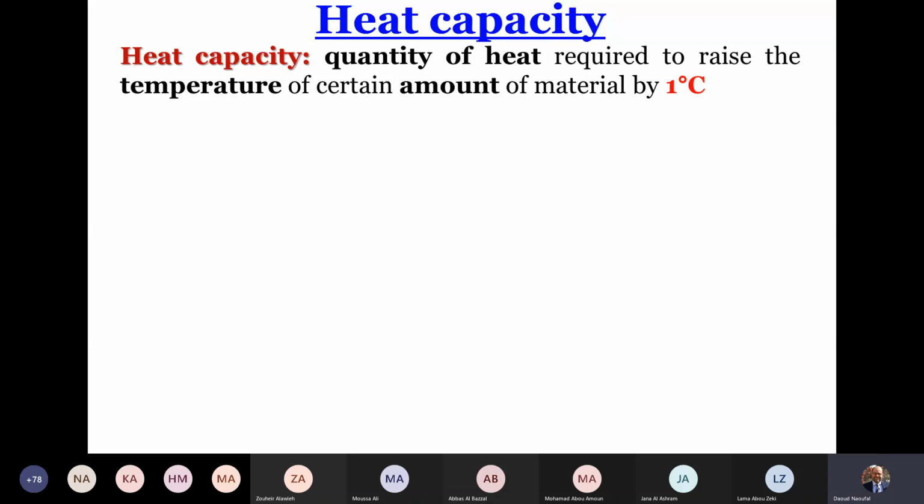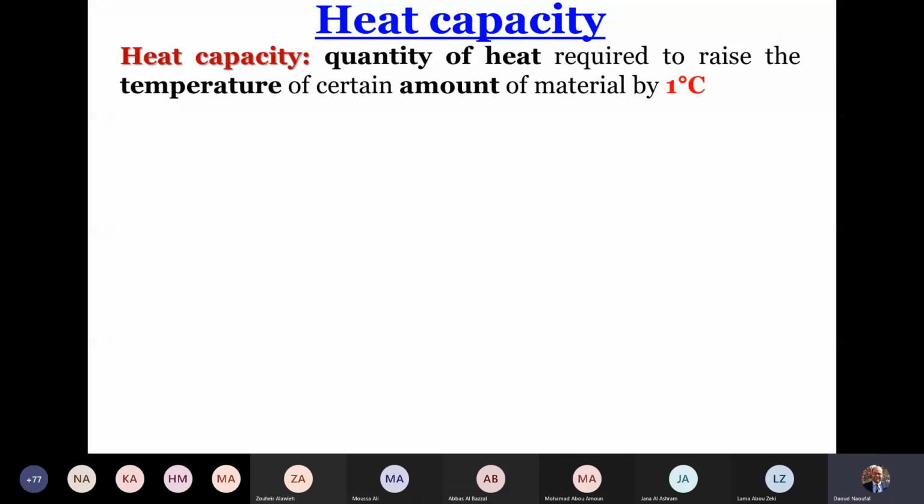So the temperature of this material increased by 1 degree. Now I ask, what is the quantity of energy that is released from the heater to the metal in order to pass the temperature of this metal from 25 to 26 degrees? This quantity of energy absorbed is called the heat capacity of the metal.